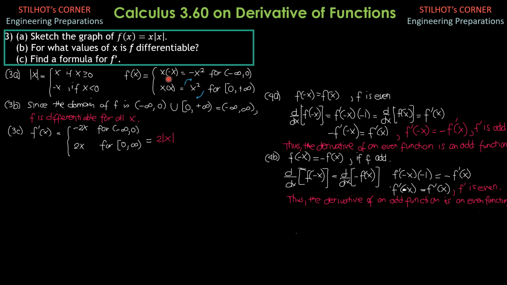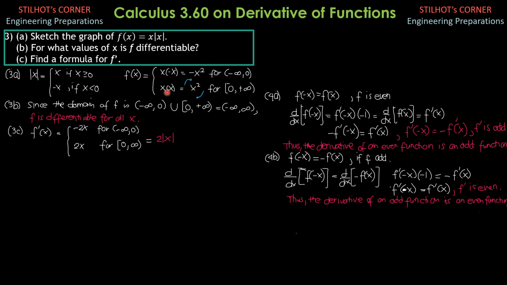For x from negative infinity to 0, not including 0, x is negative. So we replace absolute value x by negative x. So f of x is defined piecewise as x times negative x, so negative x squared, for the interval negative infinity to 0, excluding 0.